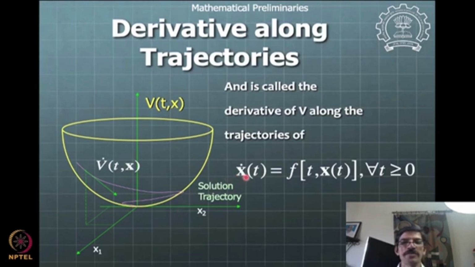So x dot is giving me the derivative of these evolving trajectories. When we take a derivative along this, we substitute this x dot into our equation for V, and then we are getting the way the function is evolving, the tangent to the V surface along the direction of these trajectories. That is the notion that comes in.